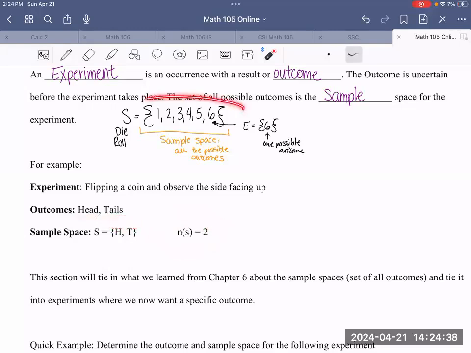So then what's the cardinality of your sample space for the dice? We get 6 total possible outcomes. Whereas here, let's say E is just your event. What's the cardinality of E, the cardinality of rolling a 6? Well, there's only one way to roll a 6. That's if the 6 pops up.